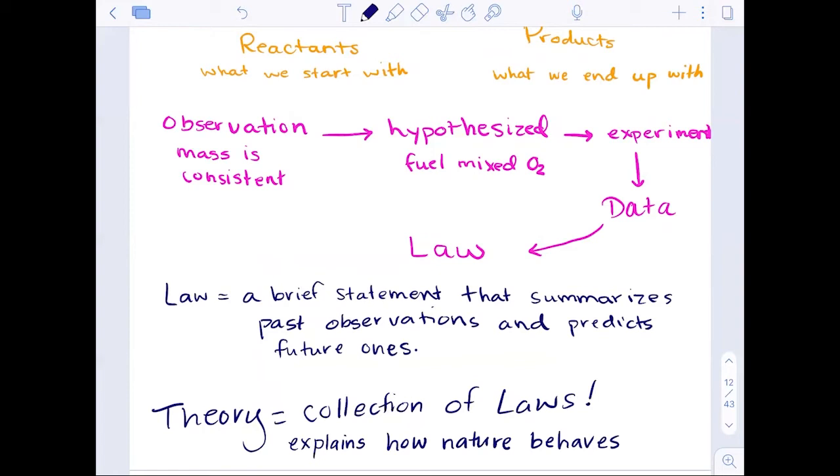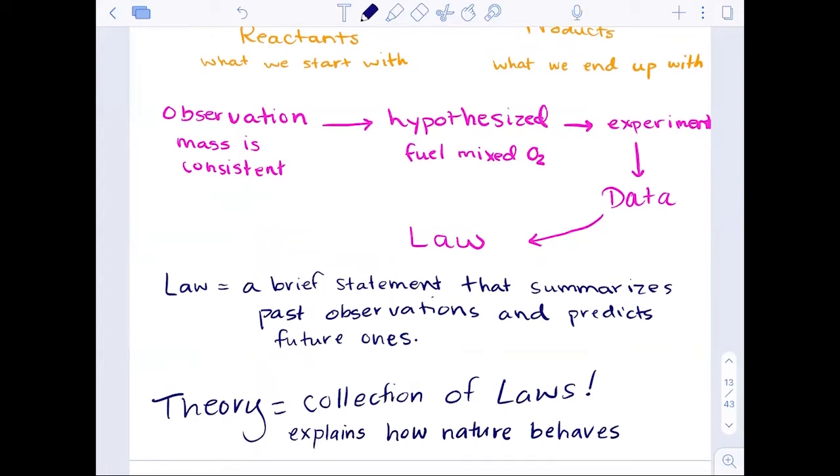A theory takes all of our observations, it takes all of our predictions, and it helps explain why we see what we see. It explains how this reaction reacts in order to understand why mass is conserved. So we'll dive into a couple more laws, and then we'll get into Dalton's atomic theory.